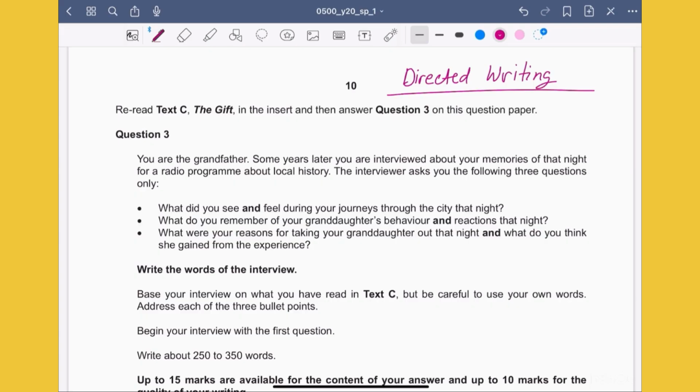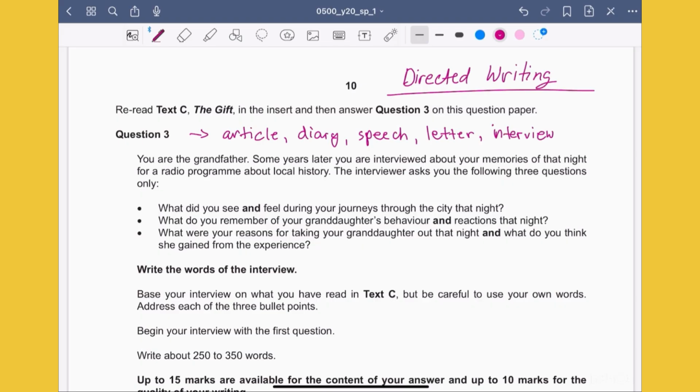For this question, usually they will ask you to write either an article or a diary, or a speech, or a letter, or an interview. Those are the 5 formats that you need to know to answer this question.